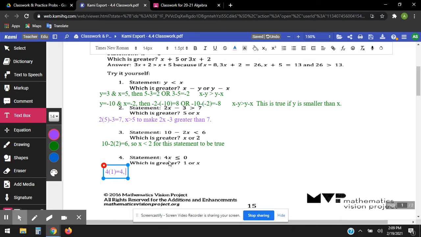The only thing x can be to make it equal is 0. And otherwise, it's got to be negative, right? So x needs to be less than or equal to 0 to make this true.